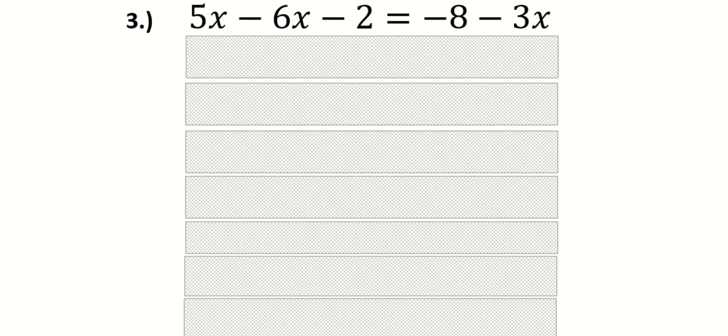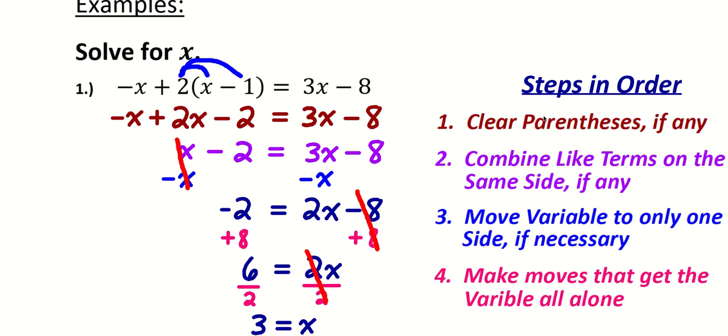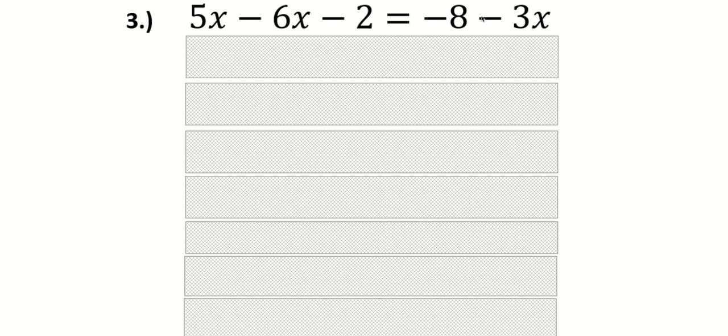Again, pause the video as needed, right? So this next example, what is there to do first? And again, you don't have to do a particular thing first, but it's really recommended that you would want to follow this general procedure. So are there any parentheses to clear?